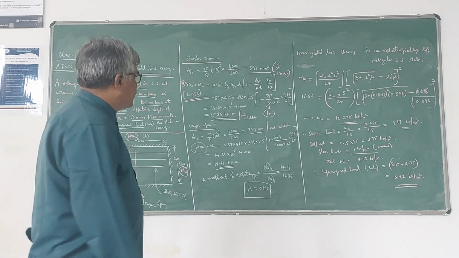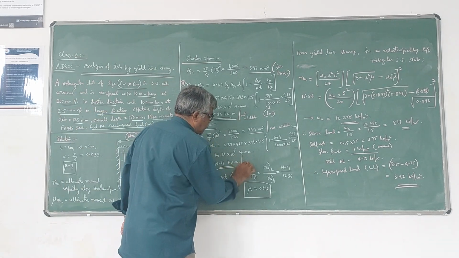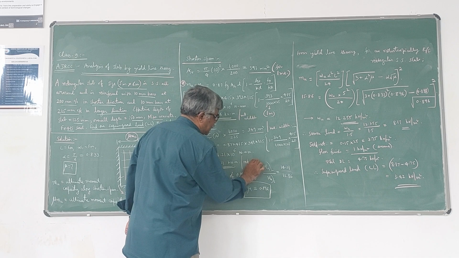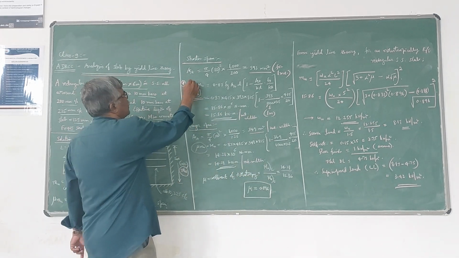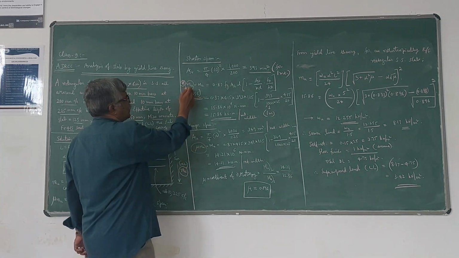You can observe that the value of capital Mu for the longer span is less than that for the shorter span. Now you have got Mu for both directions.